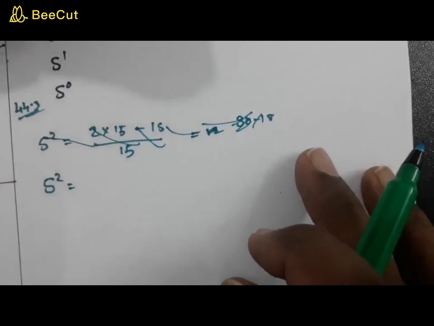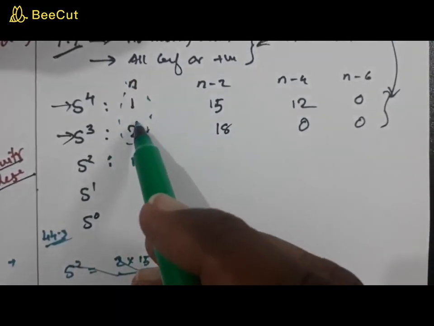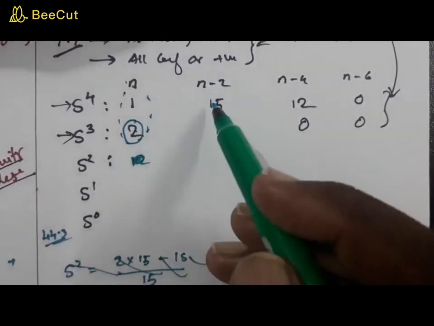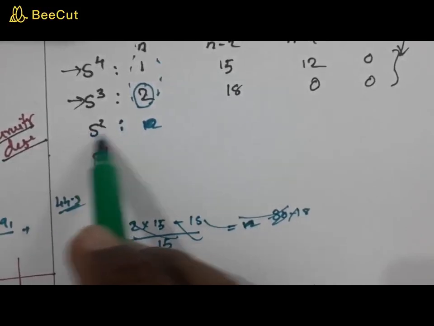Now how do we find out this s square row? You must treat this as your base column and this as your base element. Using this element or this column, you can evaluate the row elements of s square, right? Now what is the first term?